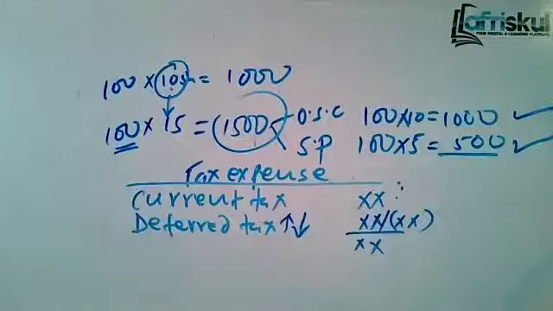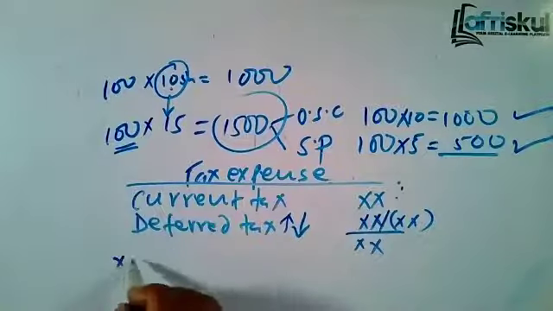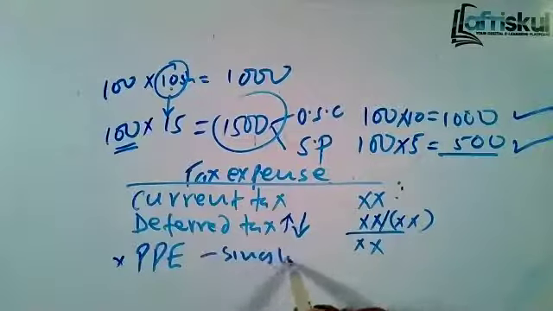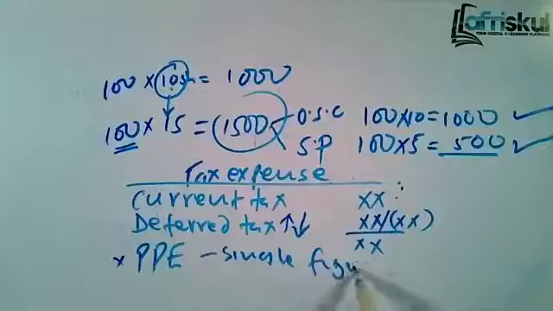Another thing you need to consider is PPE, what we call plant, property, and equipment. When preparing the published financial statement, PPE should be recognized as a single figure. What do we mean? Assuming you had land, plant, fixtures, and fittings, to the balance sheet you don't show them separately. We have said that what is published is a summary.